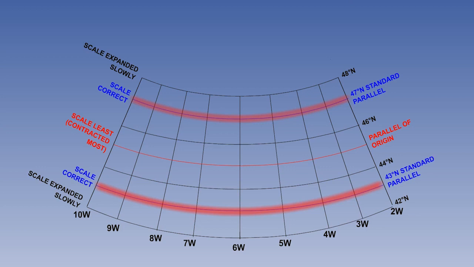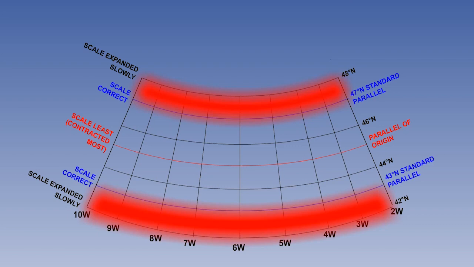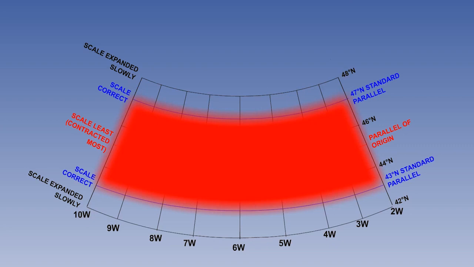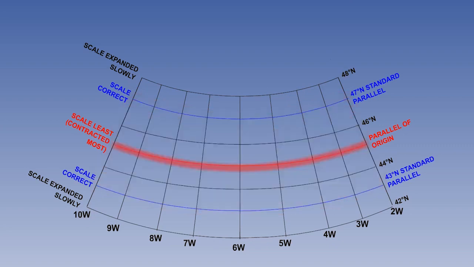We just need to know that scale is correct on the standard parallels. In this area, it is expanding away from them. And in this area, it is contracting. The scale becomes least, or if you prefer, is most contracted, at the parallel of origin.